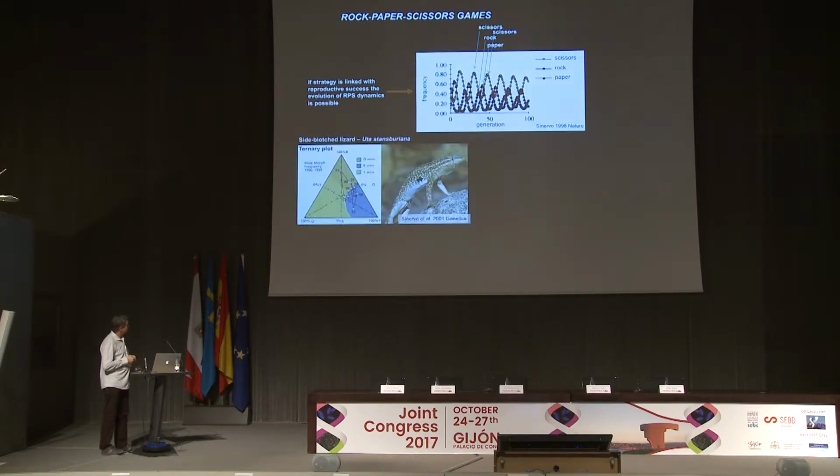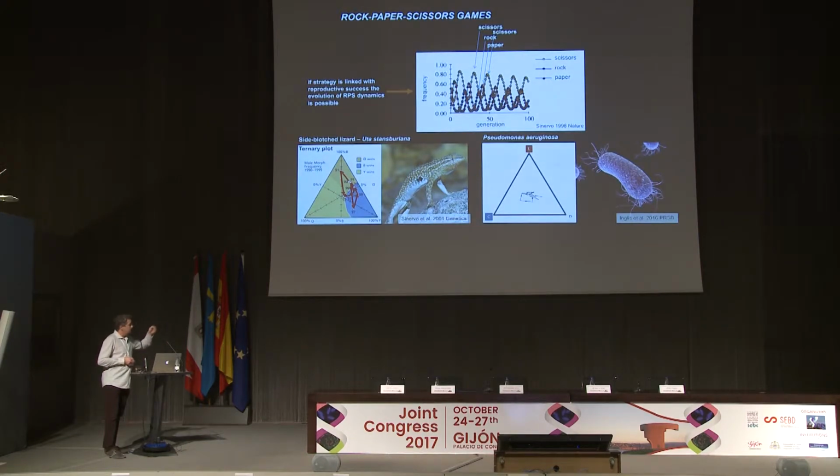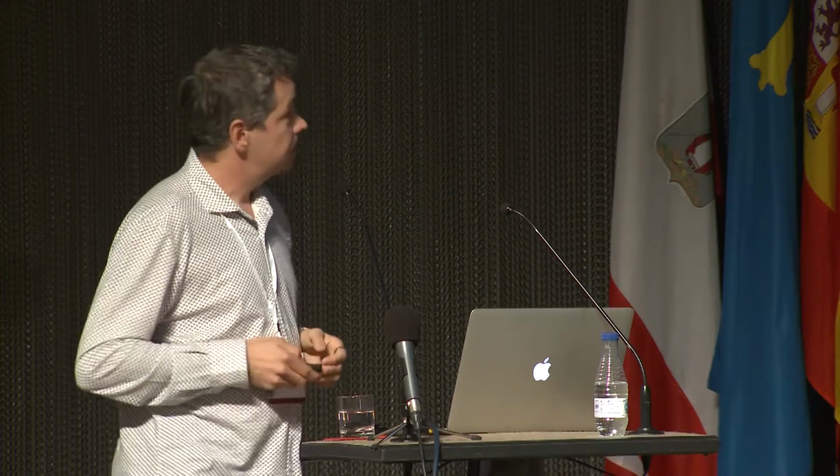increase in frequency. Such rock, paper, scissors dynamics have been described first in the side-blotched lizard. Here you see such a frequency cycle. Each arrow is a frequency change from one year to the other. In these three male colomorphs, orange, yellow, and blue. And such cycles have been found later on in quite a few species, namely in organisms, say, in bacteria, in insects, in plants.